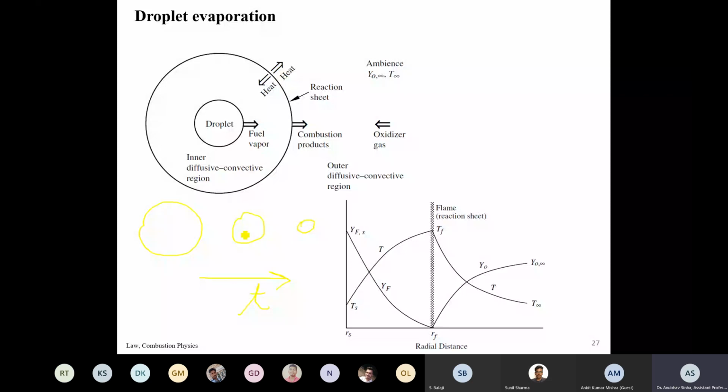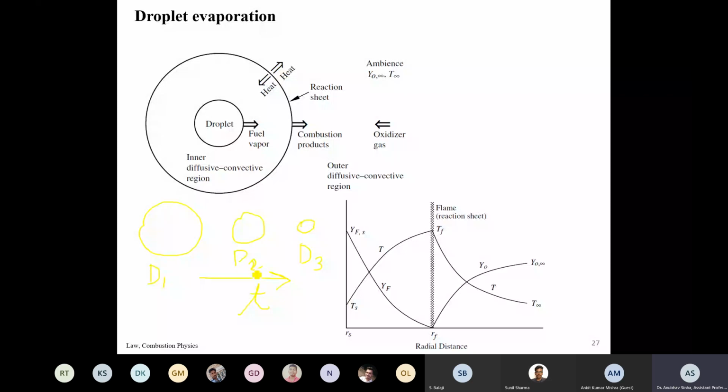Let us say I measure the droplet diameter here. Let us say this is d1, this is d2. I'm sorry for this drawing, but this is what I can draw using the mouse. This is d3.